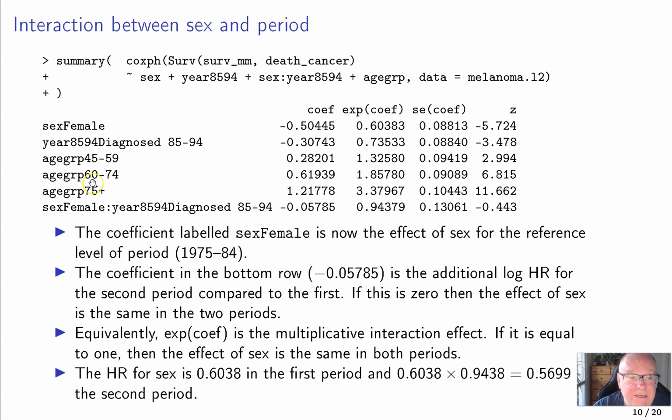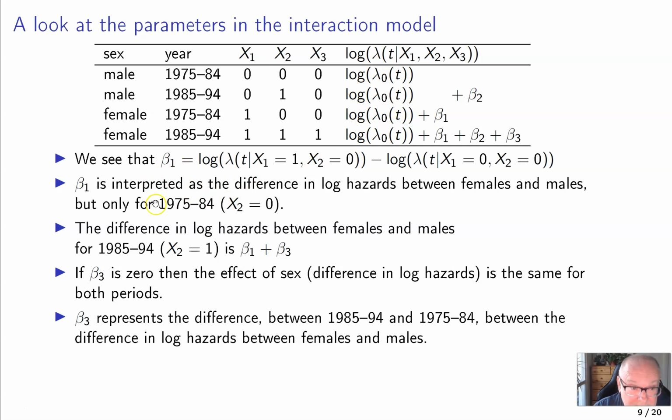Now, I've added age in this model. So this effect of sex for the first period is the same for each age group in the first period, but this is the effect of sex just in the first period. And this is what we went through when we looked at it here. Beta 1 is interpreted as a difference in the log hazard between females and males, but only for the early period.